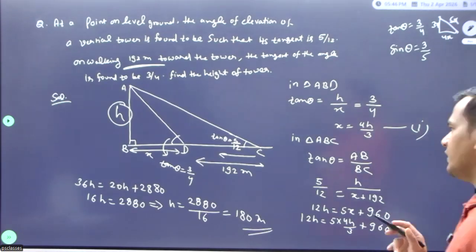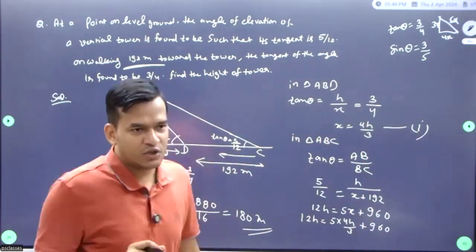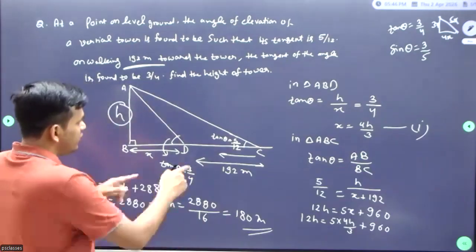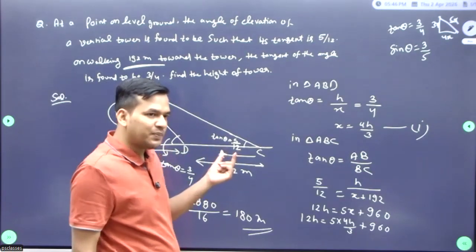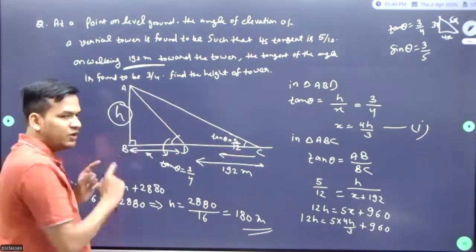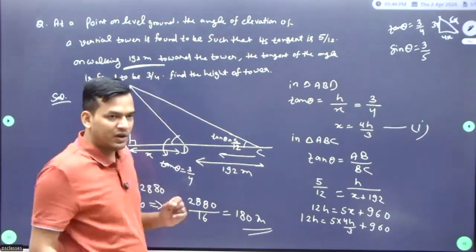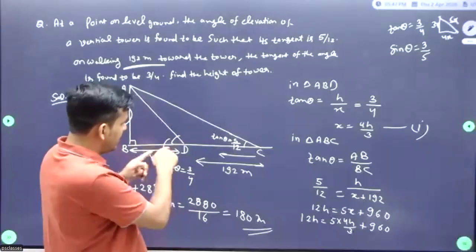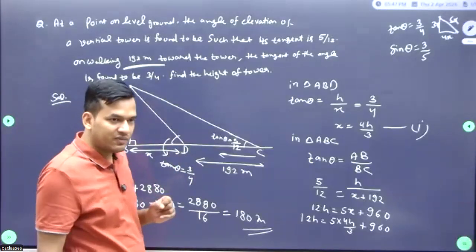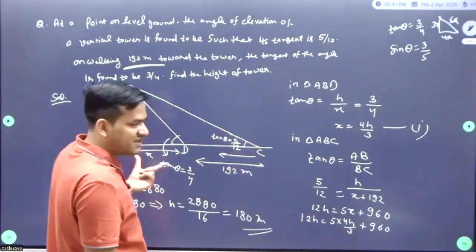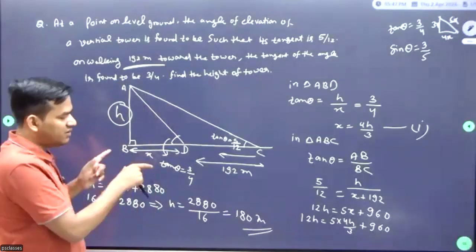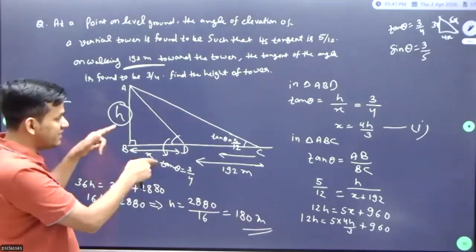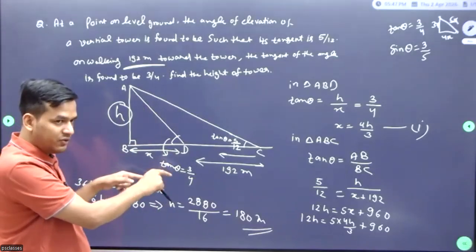See, actually, for this case, tan theta is equal to 5 by 12. Suppose you take AB equal to 5x and BC equal to 12x. And now in this case, tan theta is 3 by 4, so you are taking this as 3x, this as 4x. But actually, these values are not in the same ratio. This is the ratio, not the actual value.